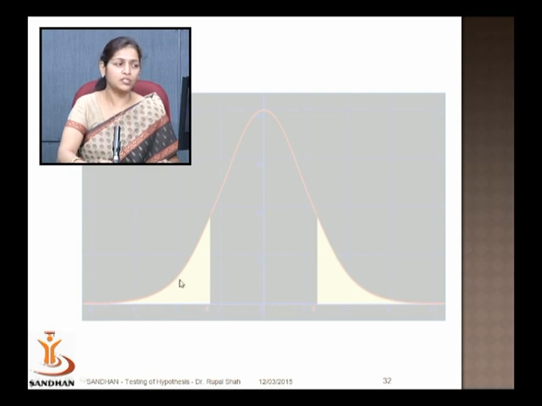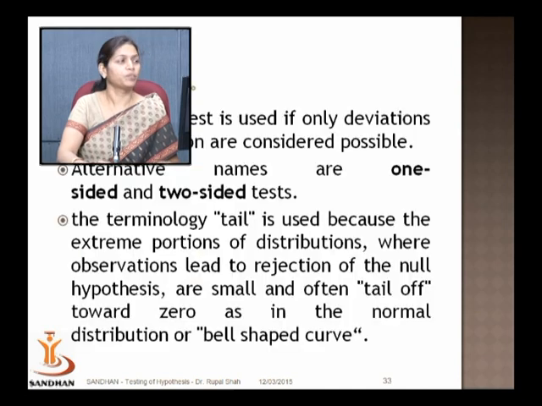This is the right tail and this is the left tail of the distribution. If your sample observation lies in the left tail or in the right tail, under both the tails we are going to reject H0. In contrast, if your sample statistic lies in this middle portion, then we are going to accept the null hypothesis. So in such cases, our test is called a two-tail test.